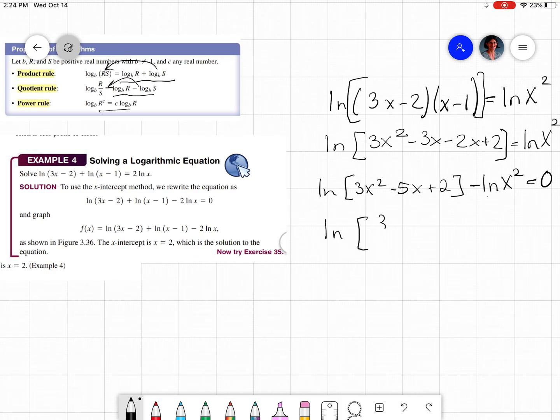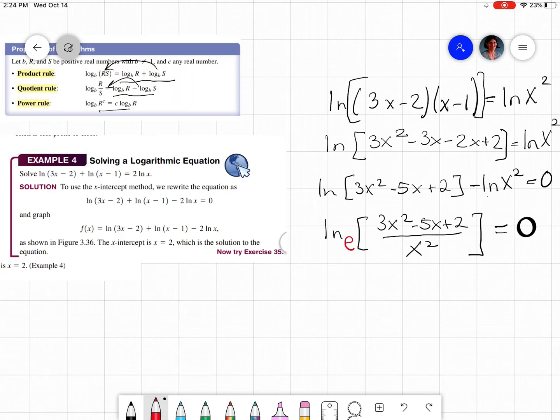So now I can rewrite this as the ln of 3x squared minus 5x plus 2 divided by x squared. And one of the most common things people do is when they rewrite it, they try to write the ln again, and you don't need to because you're rewriting it as division and not subtraction, and this equals 0.